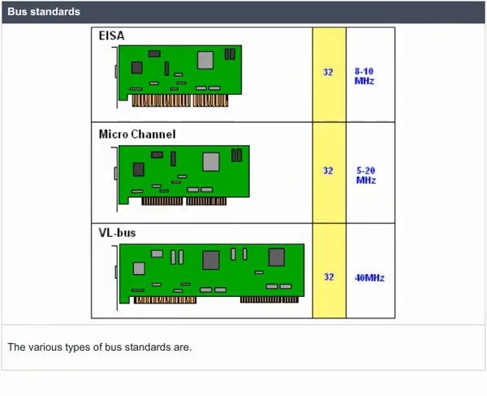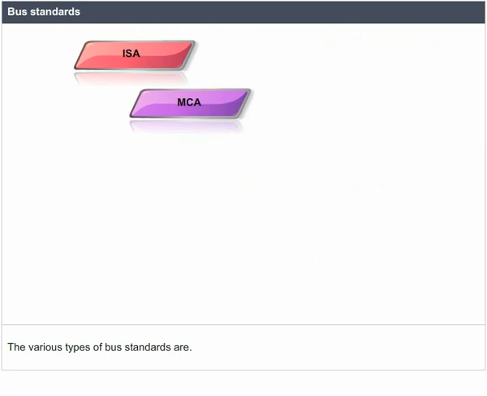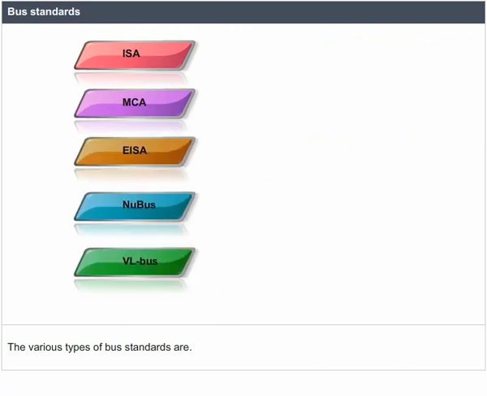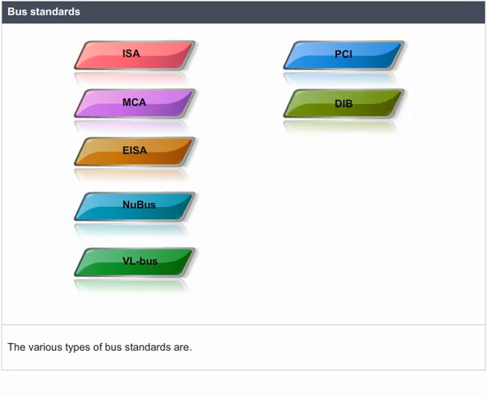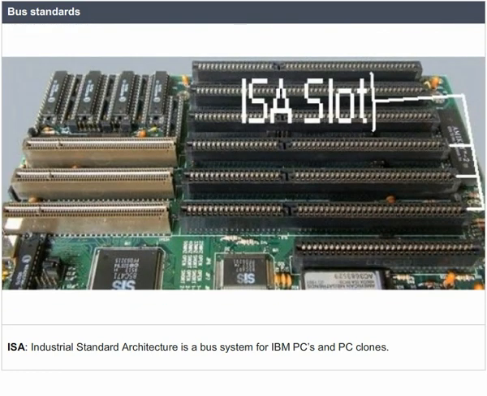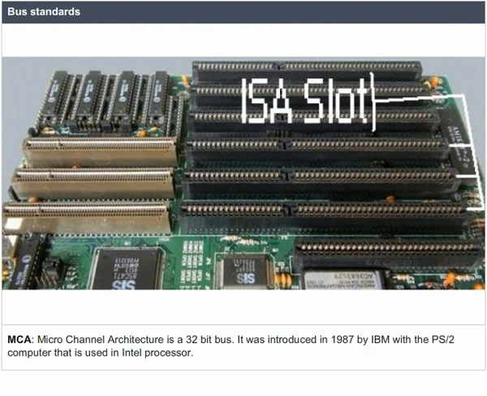Bus standards. The various types of bus standards are ISA, MCA, EISA, NuBus, VL bus, PCI, DIB, SECC, AGP, and DRDRAM. ISA, Industry Standard Architecture, is a bus system for IBM PCs and PC clones.